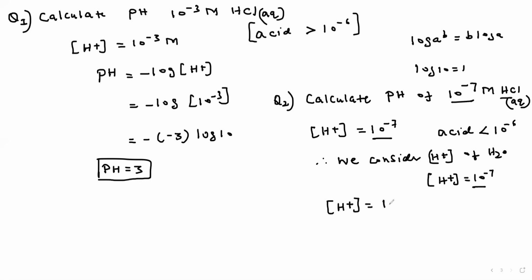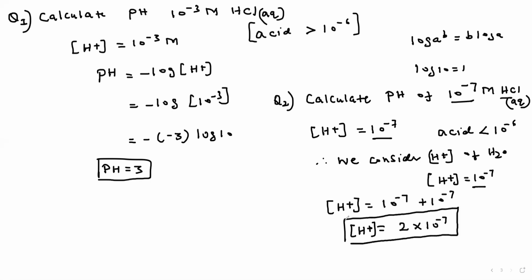Therefore, I get 10 power minus 7 plus 10 power minus 7, which is 2 into 10 power minus 7. This is the concentration of the H plus ion in the 10 power minus 7 molar HCl. Now apply the pH formula. What is the formula? The pH equals minus log of H plus.